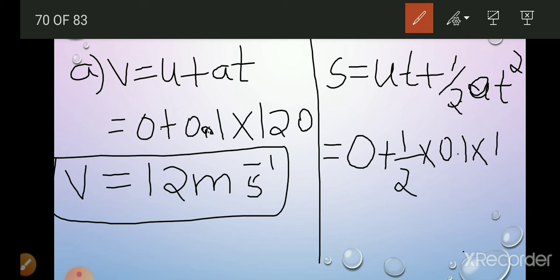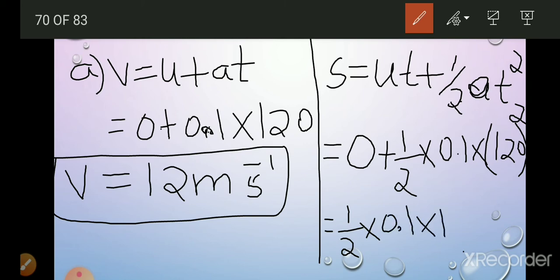It is 120 square. So what happens? 0 plus 1 by 2 into 0.1. I'll write 120 square as 120 into 120.